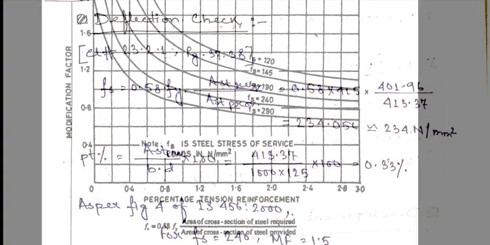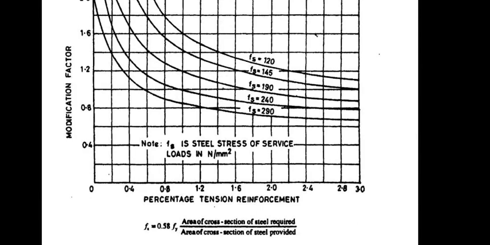You can see in your screen figure 4 of IS 456-2000. So our Fs is 234 Newton per millimeter square, but there is no curved line of 234, but 234 lies between 190 and 240. So we have to interpolate from these two lines.